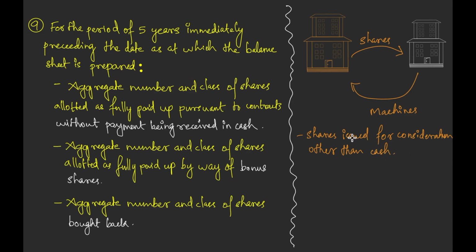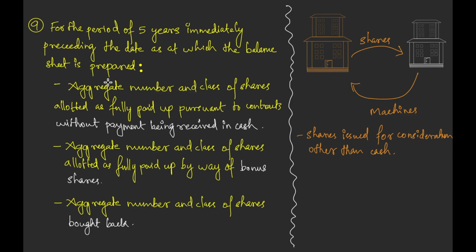And for issuing shares for consideration other than cash, our company should get into contract as well. That is, for purchasing these machines, our company should get into contract first and then issue shares for this consideration.